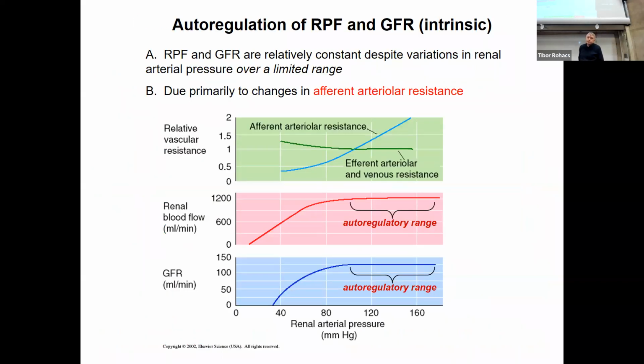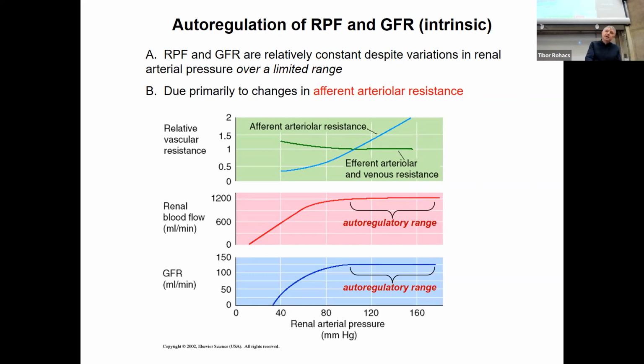So the regulation of the renal plasma flow and the glomerular filtration rate can be divided into extrinsic and intrinsic factors. The intrinsic factors are things that do not depend on either innervation or hormonal regulation. They would work in an experimentally removed kidney.